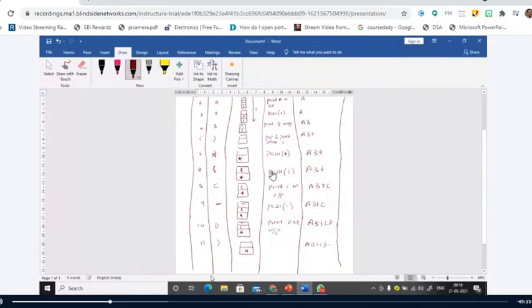So what you have to do is pop and then print. And you have to delete this open parenthesis. Is it okay up to this point? Yes, sir. Now what is the next token you have read?